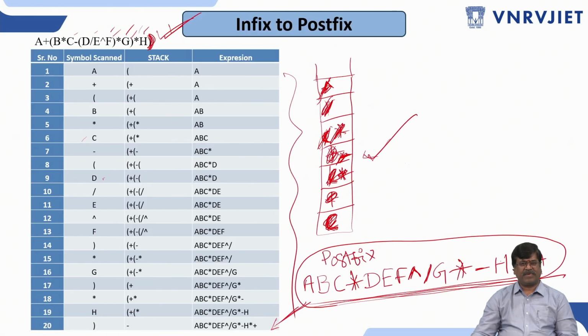So this is the best application for the stack: how exactly a given infix expression is converted into a postfix expression. Learning this concept is very important. Why are we learning infix to postfix conversion? This is how exactly the data is handled in memory. To understand how mathematical expressions are evaluated in memory, we need to know about these expressions.